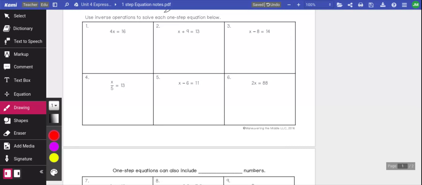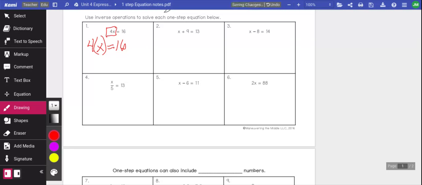They're one-step equations because you literally will only see one operation in each one. Okay, we talked before about when we have a coefficient next to that variable, that means to multiply. So really what this is saying is 4x or 4 times x equals 16.